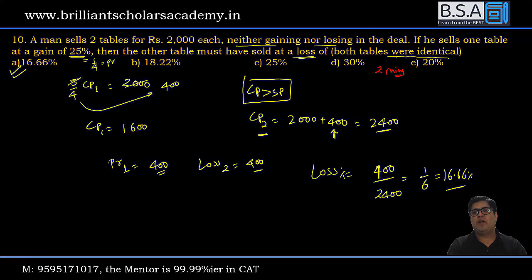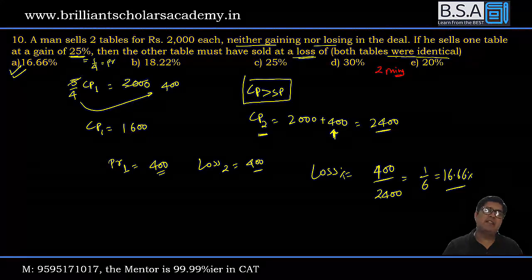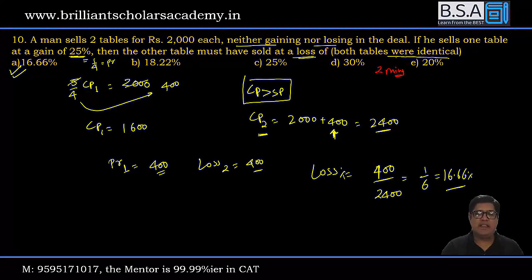Rupees 400 more. Total cost is equal to total selling price. Yes, total selling price is 4,000. So you can think in that manner as well.